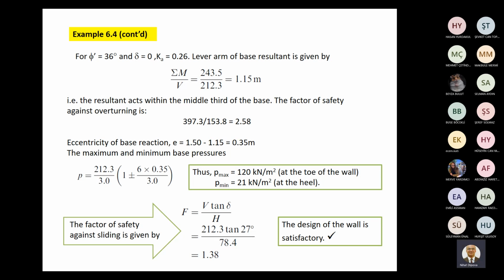The resultant acts within the middle third of the base, 1/3 of the base. The factor of safety against overturning will be equal to 2.58. We can determine eccentricity because we just calculated the application point of resultant.